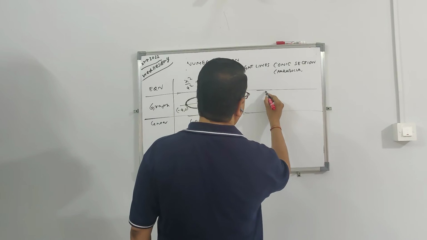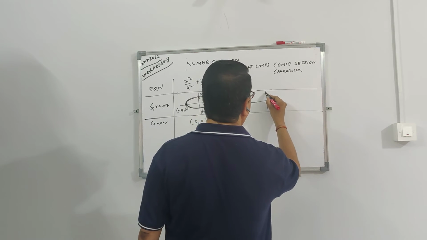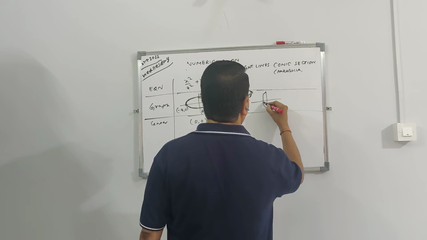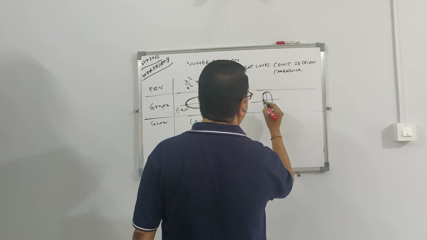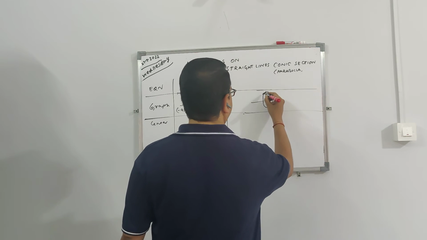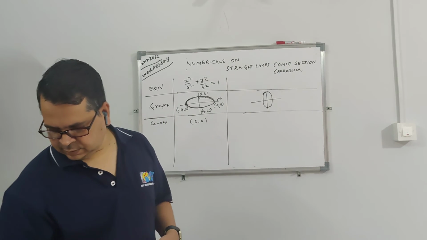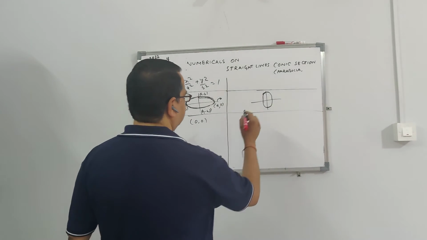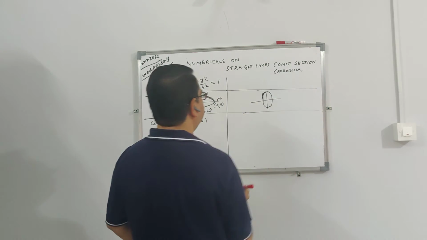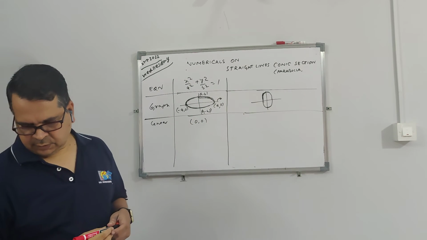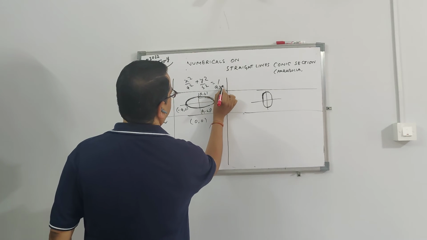And your ellipse also can be like this. In this case, a is greater than b.